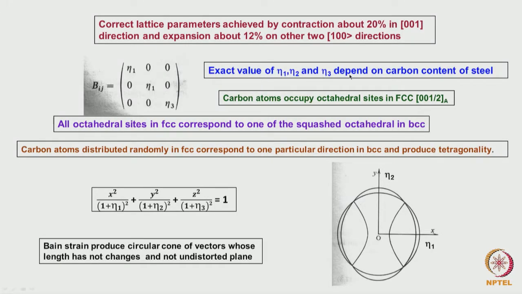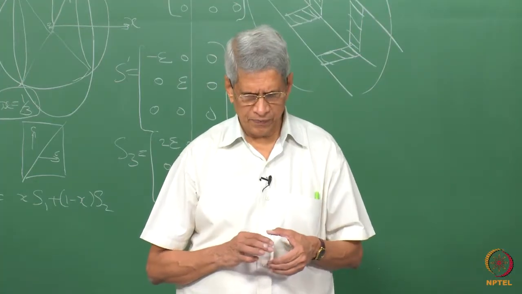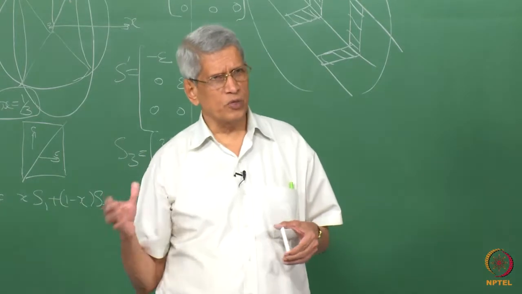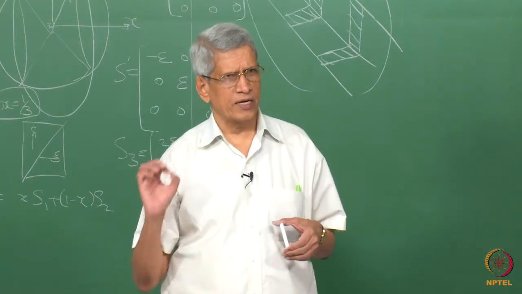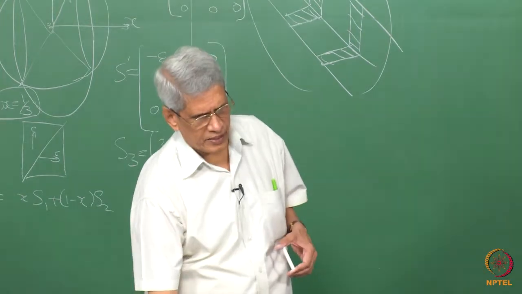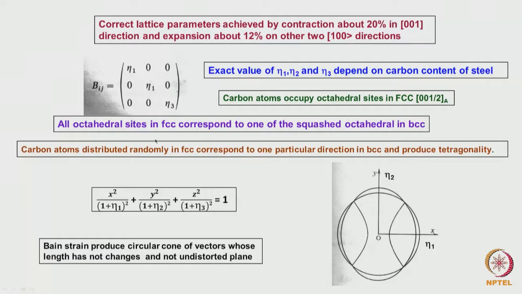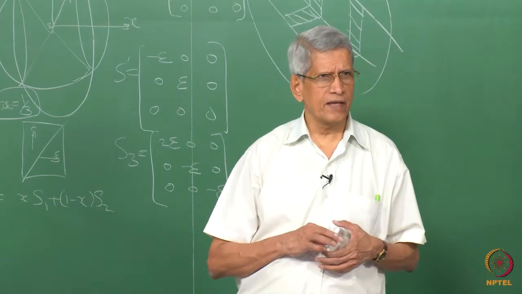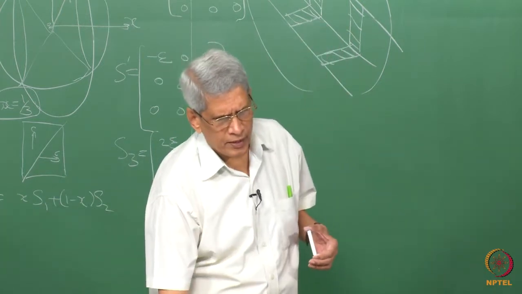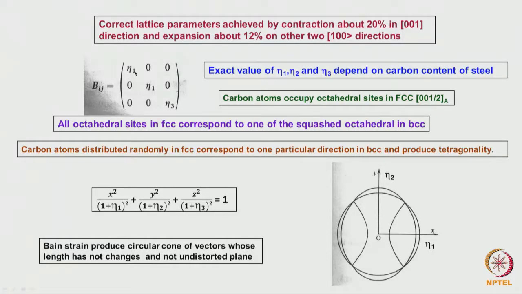The values of eta 1, eta 2, eta 3 depend upon the carbon content in the material, they change. And we know the position which carbon atoms occupy is octahedral sites in FCC. Then if this is the strain, the ellipsoid which we consider, what will be the A, B and C axes of the ellipsoid? 1 plus eta 1 is going to be in the x direction, what will be the A axis?